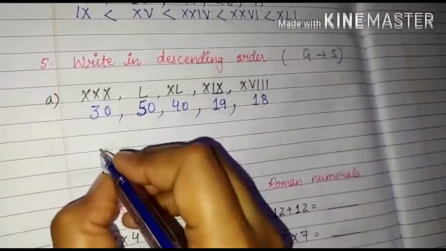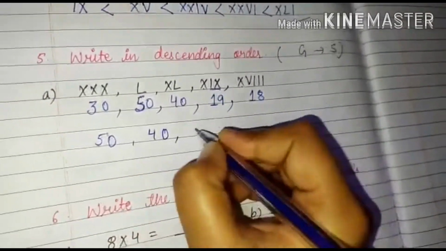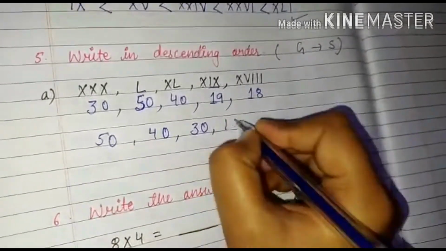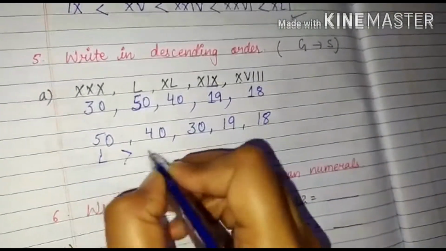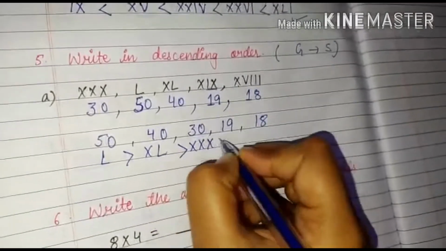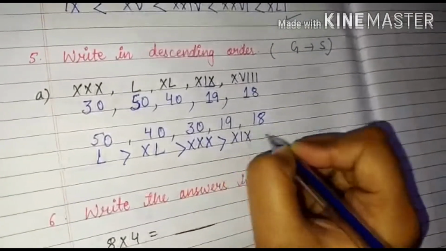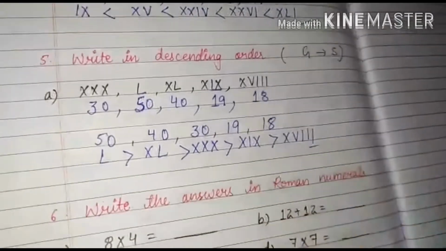Which is the greatest number? 50, after that 40, then 30, then 19 and then 18. So L is greater than XL, 40, which is greater than XXX, which is greater than XIX, which is greater than XVIII. So it's very simple to write them.